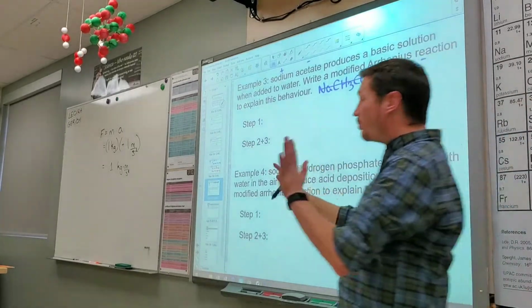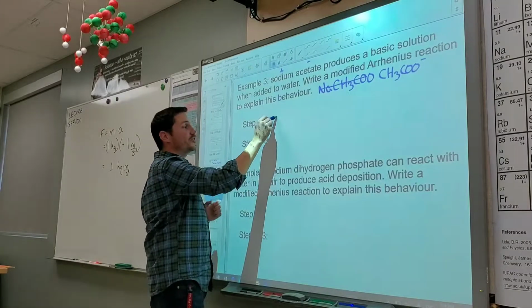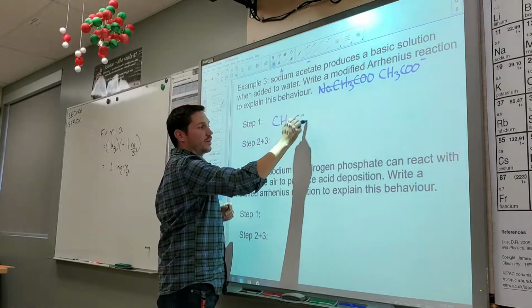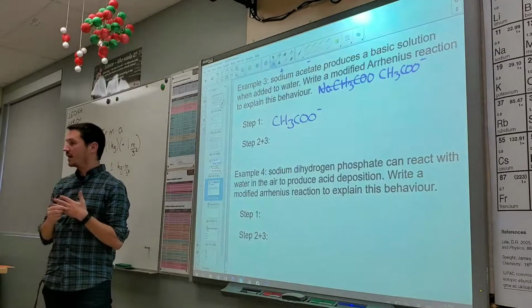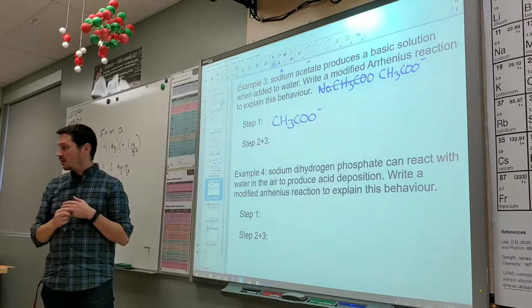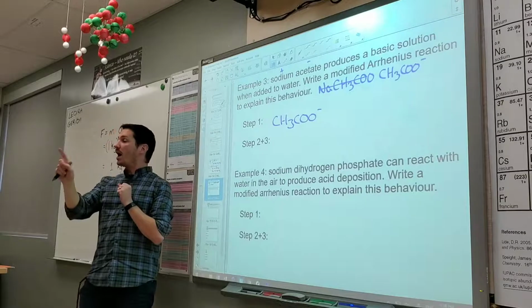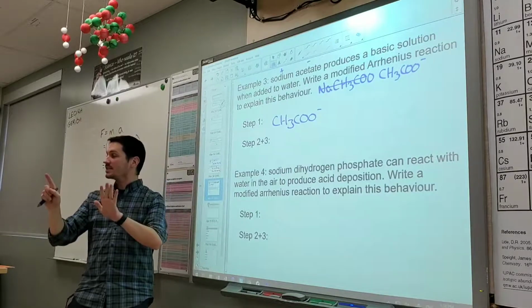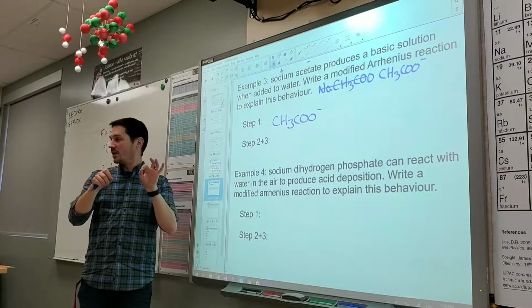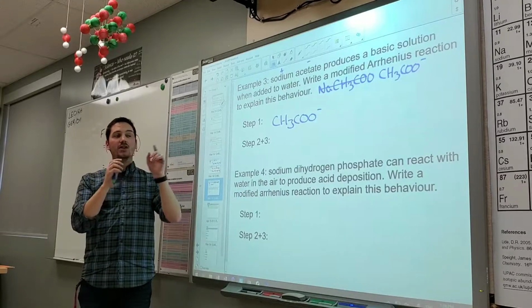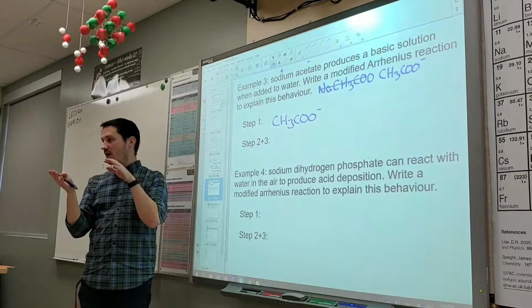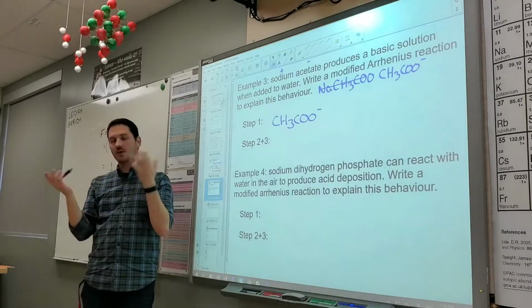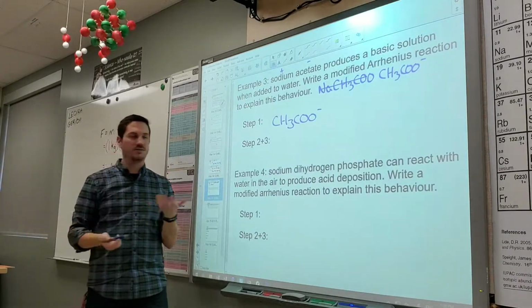So step 1 is I have to react acetate, and how many moles of water am I going to react it with? By default it's 1 unless it's a non-metal oxide, right? Is this a non-metal oxide? No, it's an acetate ion, a polyatomic ion, so it's not.